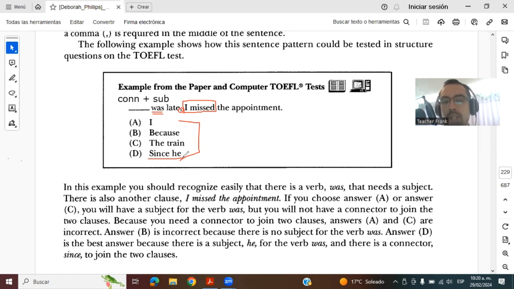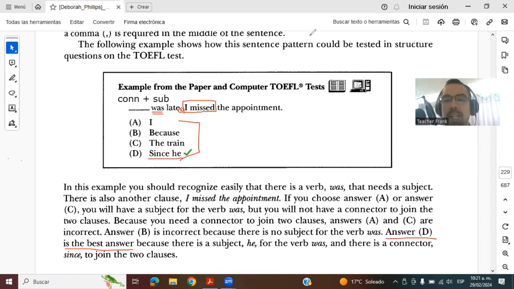A, B, or C is incorrect because we need a connector, and B is only a connector but not a subject. So in this case, D would be my correct option. Answer D is the best answer because there is a subject for the verb was and there is a connector, since, to join two clauses.